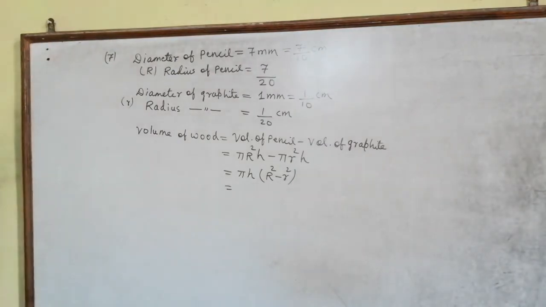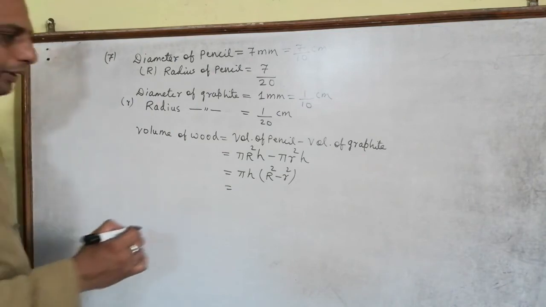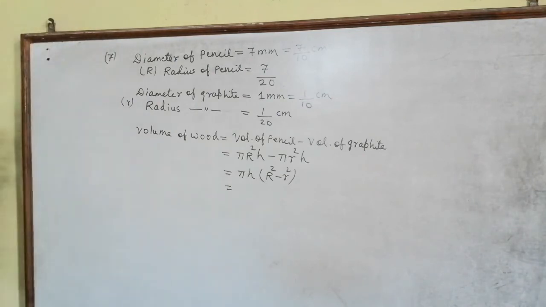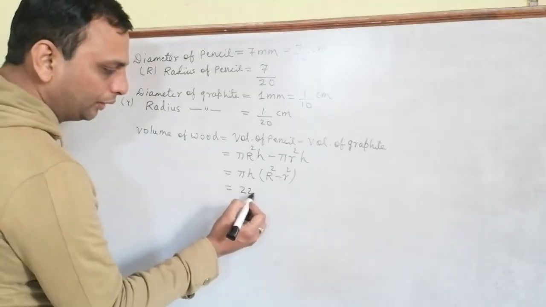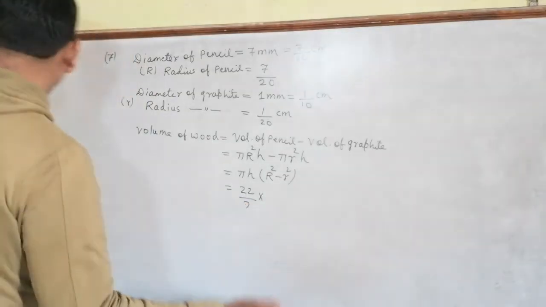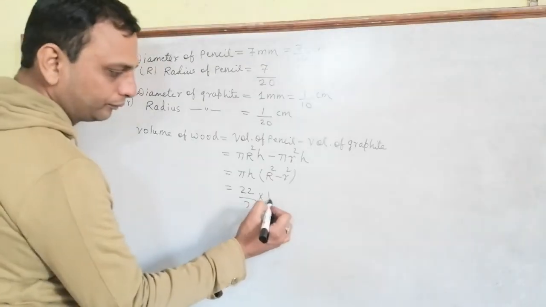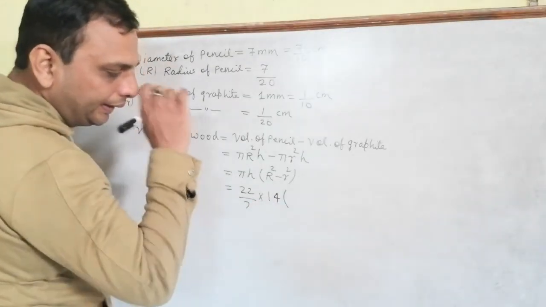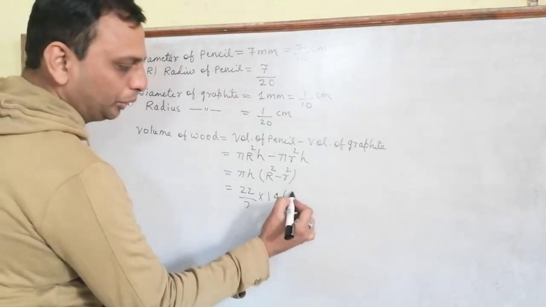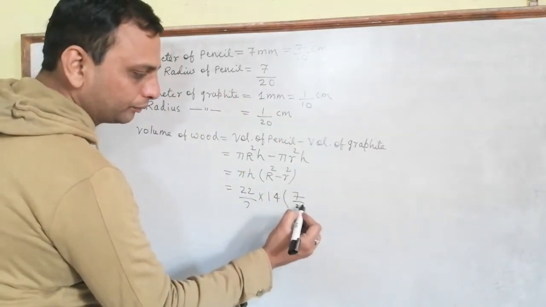Now pi is not given in the question, so we have to take 22 upon 7 only, because it is not mentioned in the question. 22 upon 7. Height of the pencil is given as 14 centimeter. Radius is 7 upon 20 square.